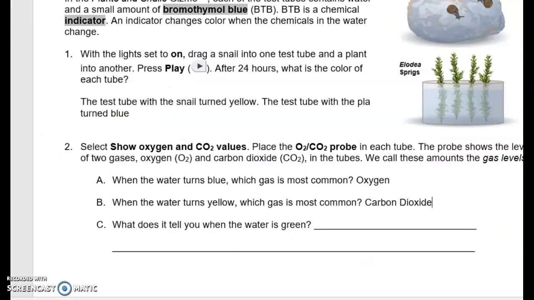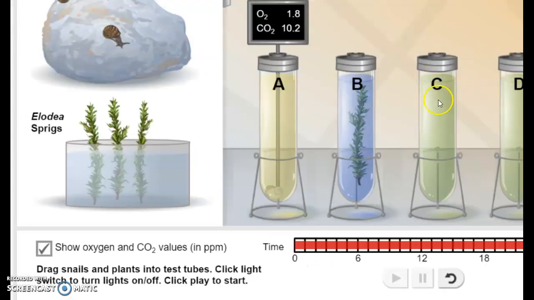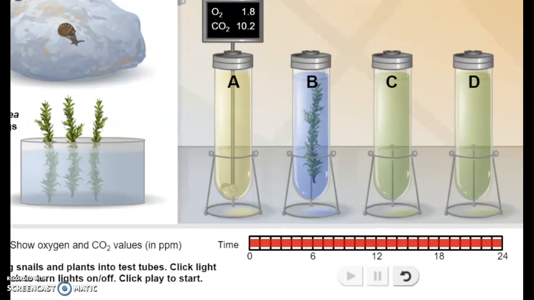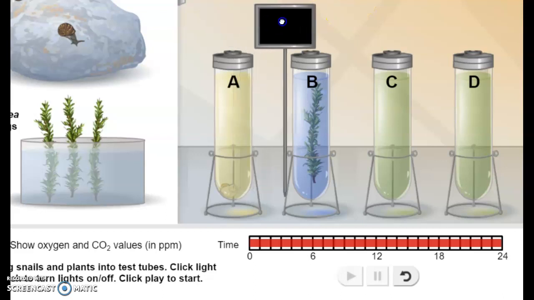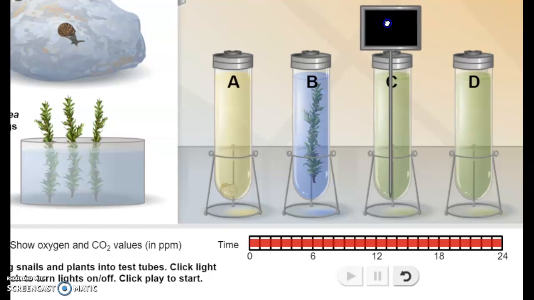C. What does this tell you when the water is green? So let's look. Here we have in my test tubes C and D, the water is green. So let's click and drag the marker for gas levels. And when you click and drag it to the test tube that is green, we see that those gas levels are equal.